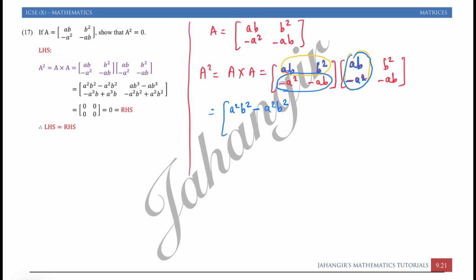Minus A square into AB, so I will get minus A cube B, then minus AB into minus A square, so that is plus A cube B.